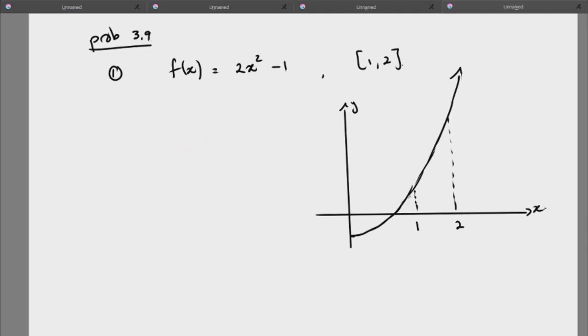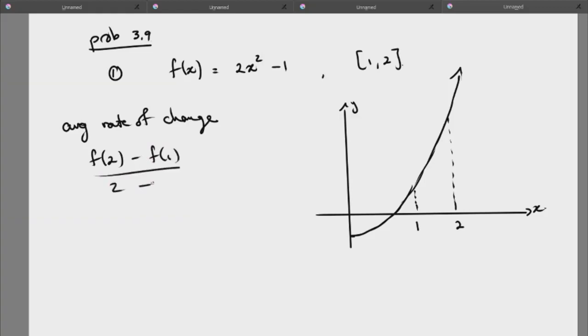I'm not going to draw the secant line because this guy is close to straight already. But average rate of change over the given interval, very simple. f of the second function value minus the first, over the second x value minus the first. Super easy.